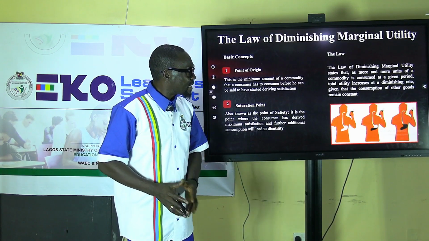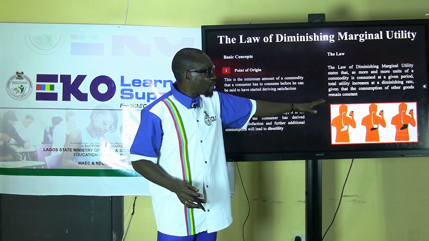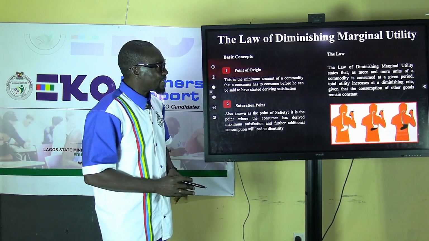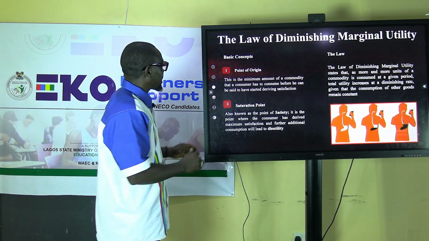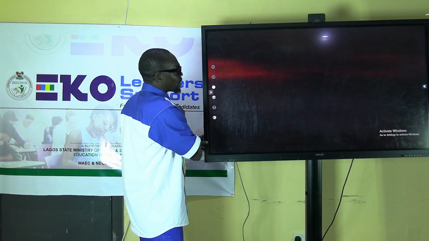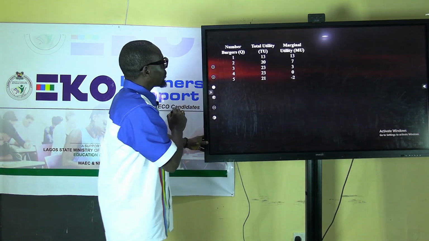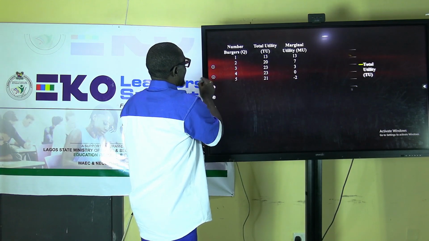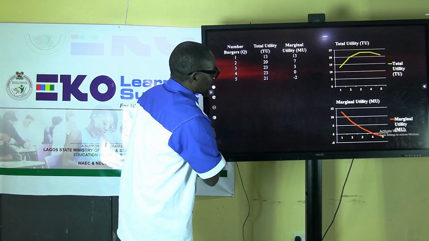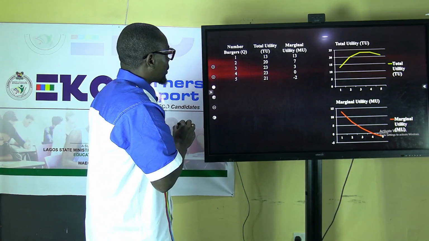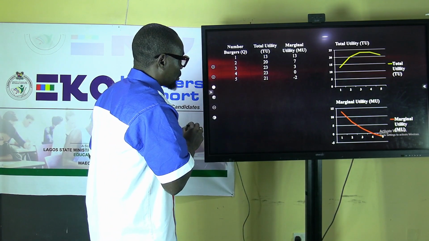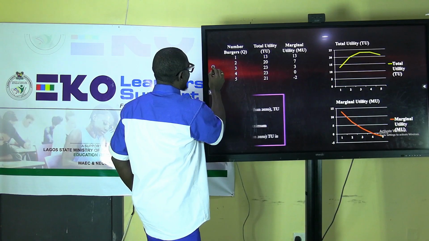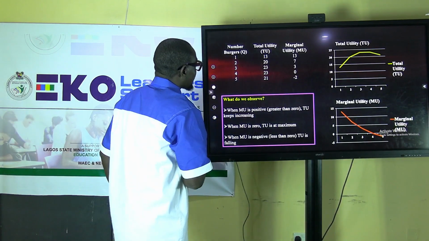No, that's not the case, because it is subject to behavior. We state that other things remain constant, especially the consumption of other goods. So, like I explained, this is what happens when you are trying to explain the law of diminishing marginal utility.